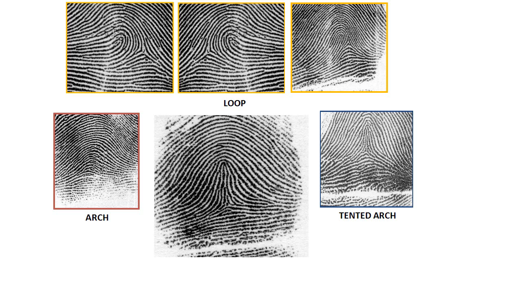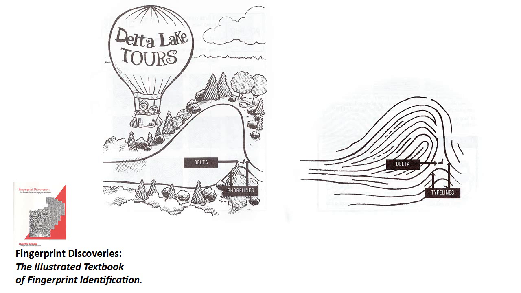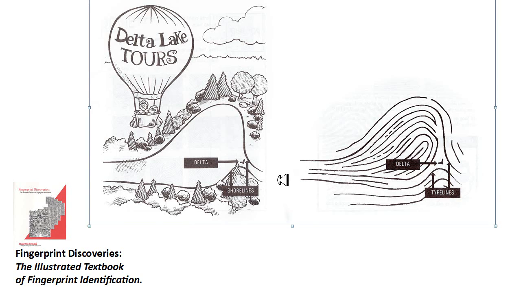Let's review what we did. We went on a hot air balloon ride over a lake, and we recognized shorelines and the delta, which is formed from silt from the water running from the lake into the body of water, which was the lake. And we made the clear analogy between the lake and the loop fingerprint pattern, changing shorelines to type lines and maintaining the delta analogy.